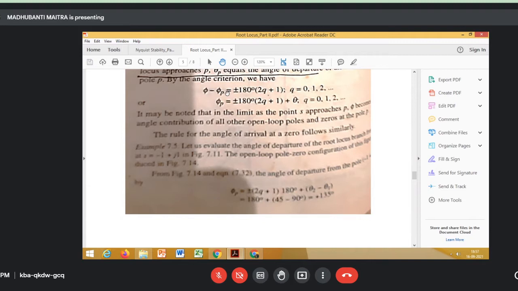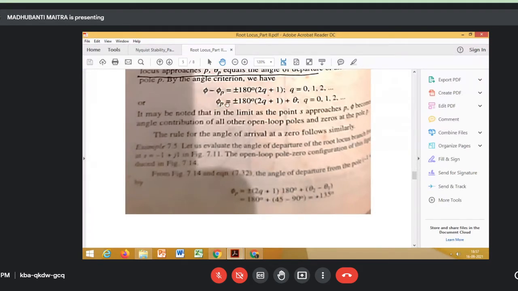So phi minus phi p will be equal to plus minus 180 degree (2q plus 1). So after transposition, we find that phi p is equal to plus minus 180 degree (2q plus 1) plus this one will be phi, not theta, this phi. Please write down the correct equation.